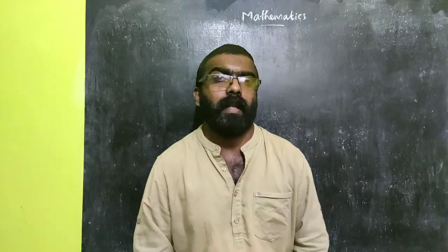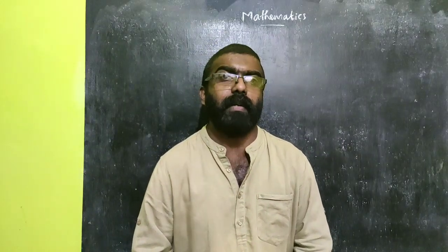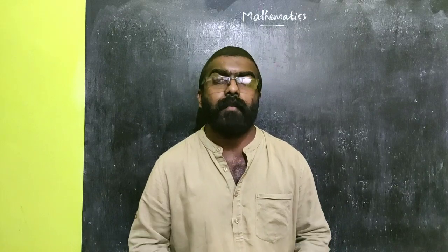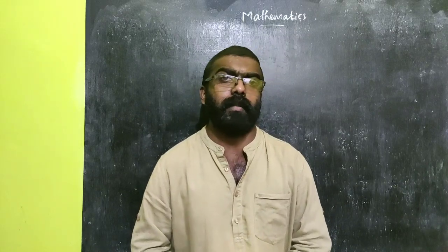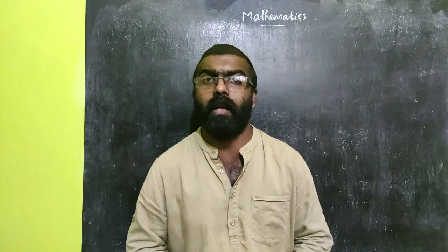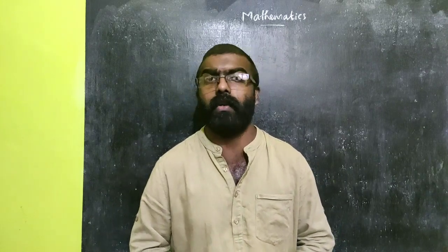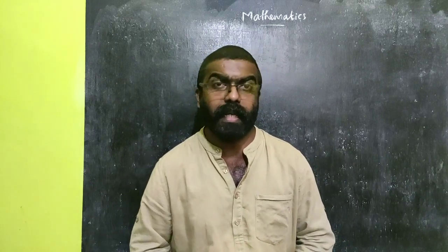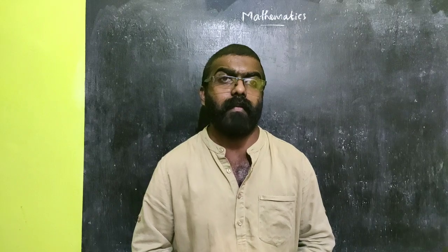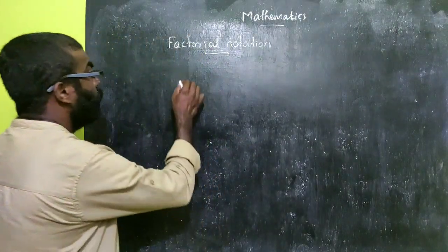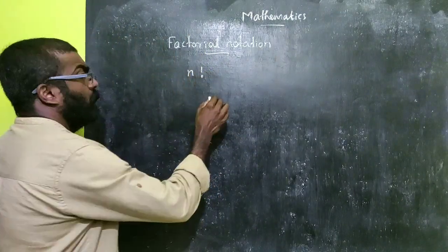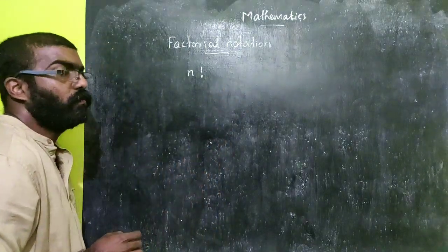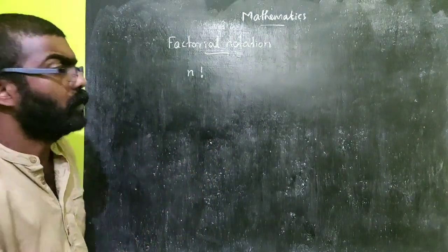Namaste. In this video, we shall discuss the topic factorial notation. The product of first n natural numbers, that is 1 into 2 into 3 into etc. n minus 1 into n, is known as n factorial. So the notation n factorial represents the product of first n natural numbers.